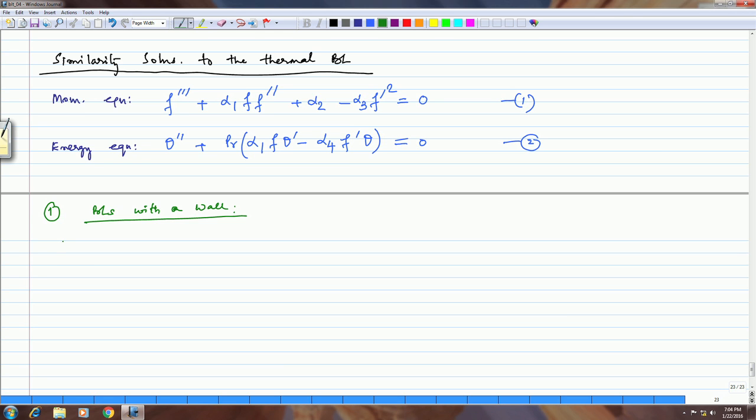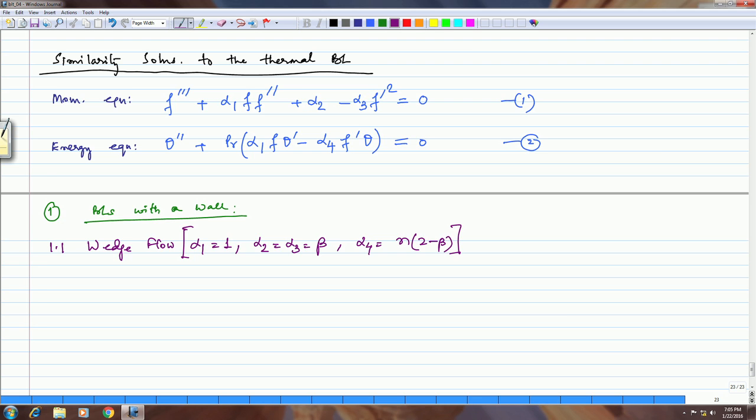In this case, the first that we go to is wedge flow. So here alpha 1 is 1, alpha 2 is equal to alpha 3 is equal to beta, alpha 4 is n into 2 minus beta.